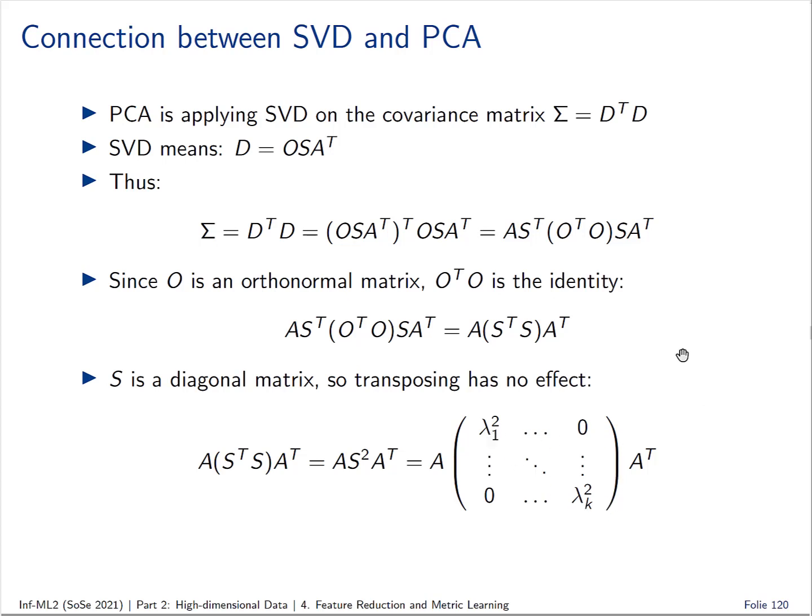That is the connection between SVD and PCA. So you can use SVD to compute the principal components, the eigenvectors and the eigenvalues, for a data matrix. You just have to apply SVD on the covariance matrix in order to compute the principal components of your normalized data set.